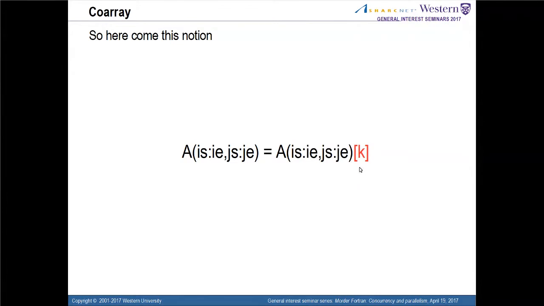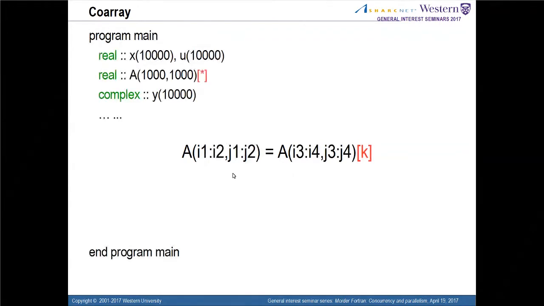This tells the compiler I'm fetching the content with array elements from process K and copying them over and putting them in my local array. Just as simple as this. One line of code.